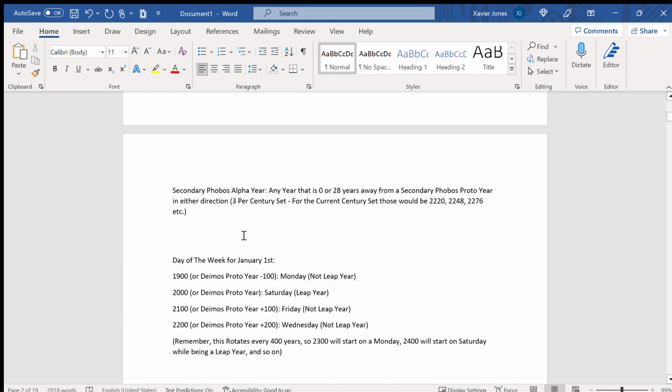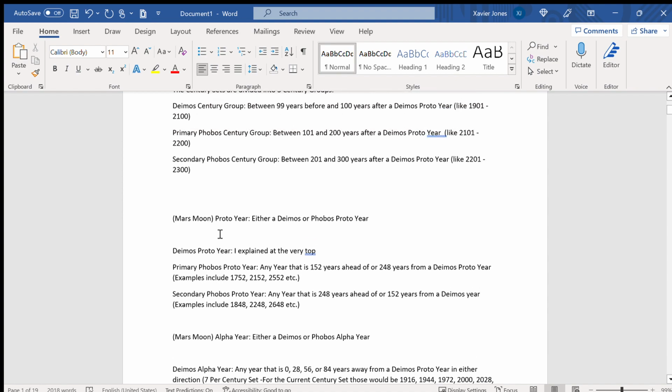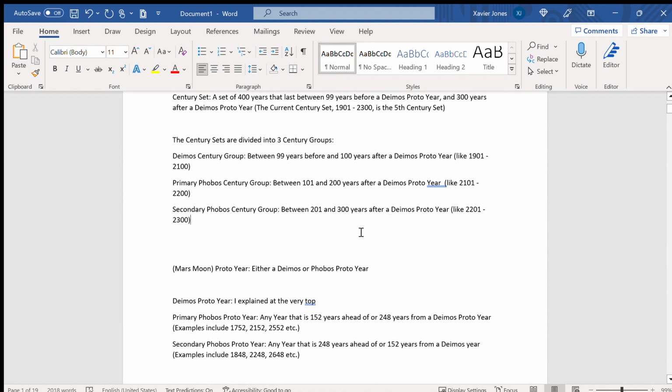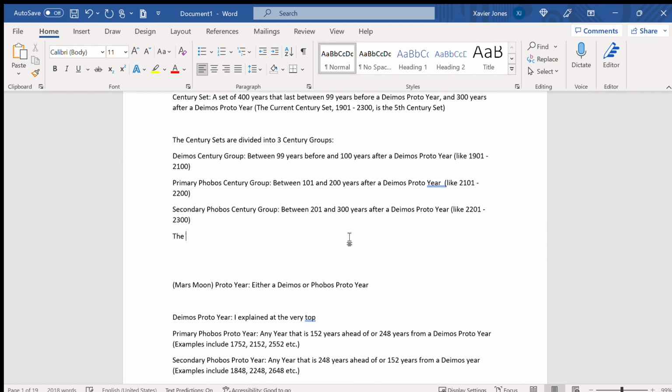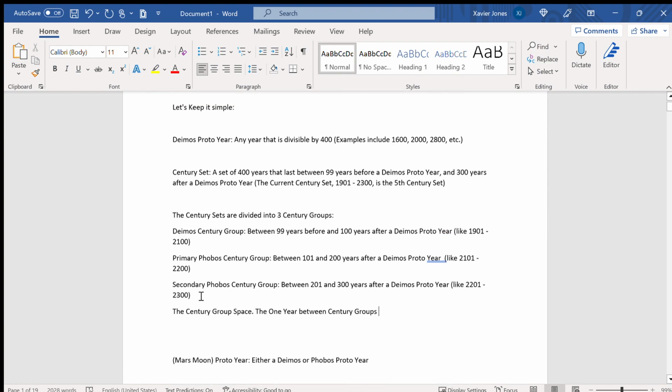Where did I explain the century groups? Oh, here they are. The century group spacer. The 1 year between century groups. So, for example, I'm going to have to change the definition of the century groups.